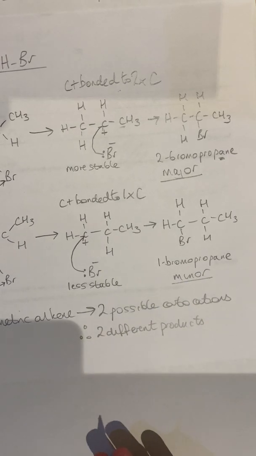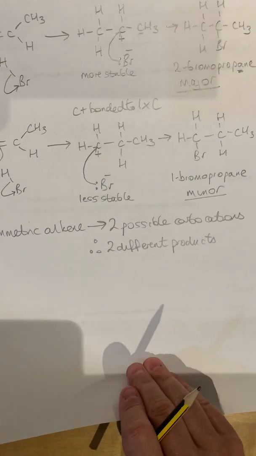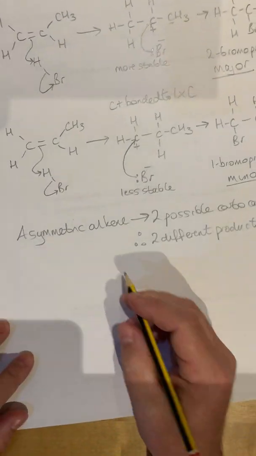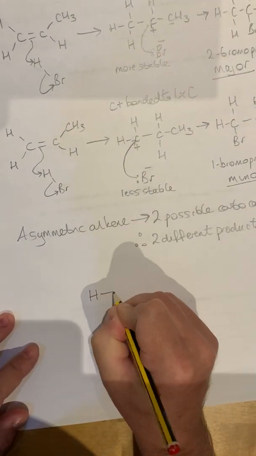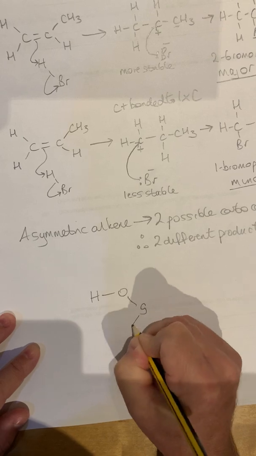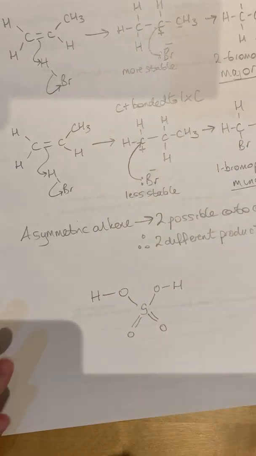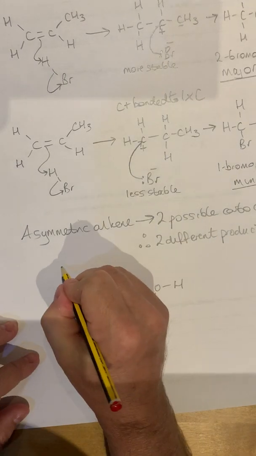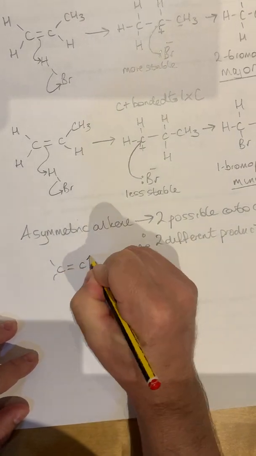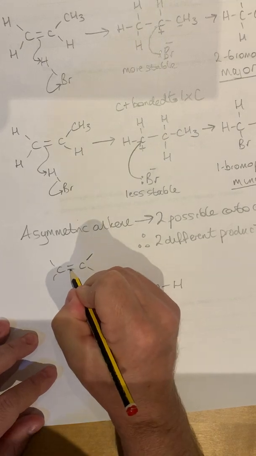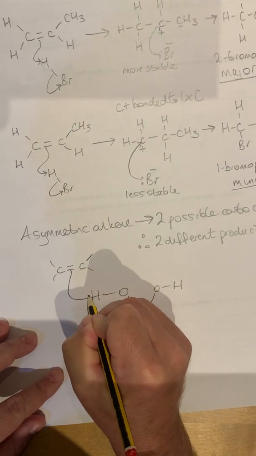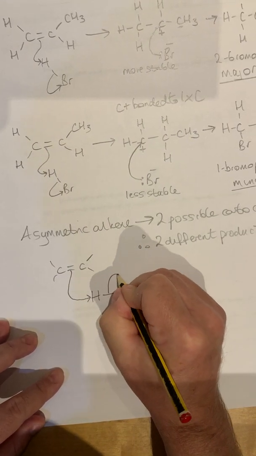Now, the only other thing that you need to do is involving sulfuric acid. So remember, I've shown you the structure of sulfuric acid. And when you've got your double bond with all of its bits and pieces there, remember from the double bond to the H, and then that bond breaks.